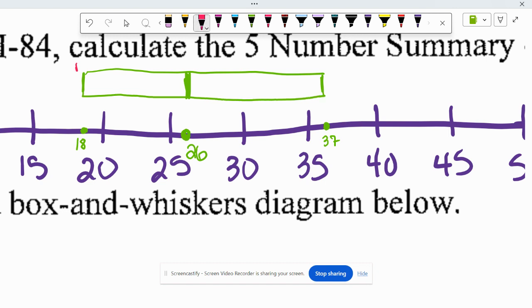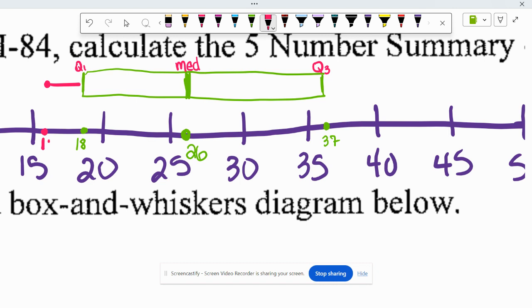So remember, this is my Q1. This is my median. And this is my Q3. Then I have to just do my little whiskers. So my minimum was 16.